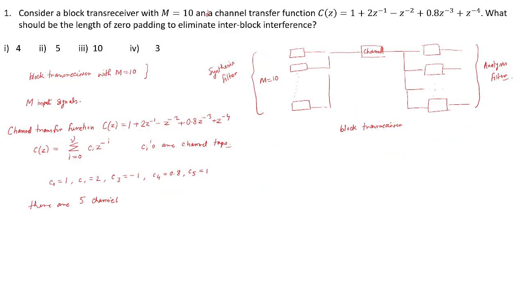So we have seen this particular channel has 5 channel taps. We have seen from earlier lectures and from our previous session also, if there are 5 channel taps, then this corresponds to 5 minus 1, which is equal to 4 symbols of ISI, inter-symbol interference.